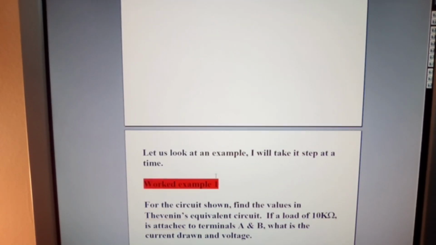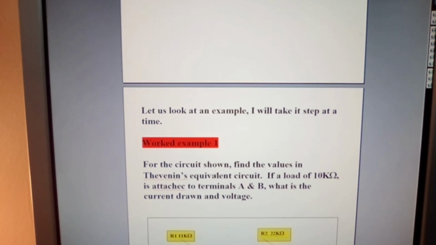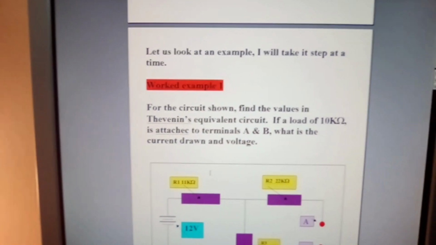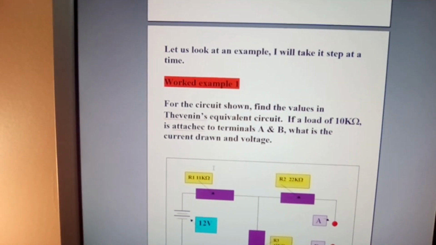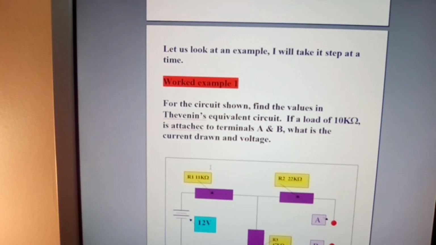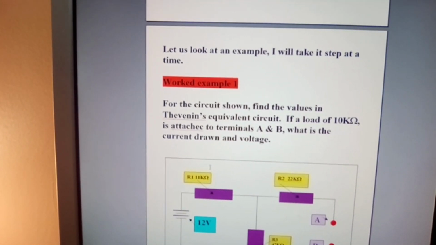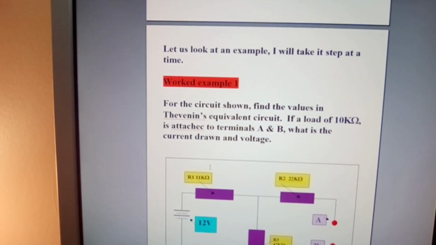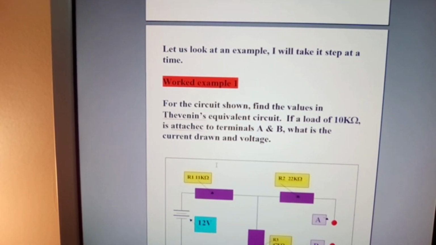Let us look at an example. I will take it a step at a time. Worked example 1. For the circuit shown, find the values in Thevenin's equivalent circuit. If a load of 10 kilo ohms is attached to terminals A and B, what is the current drawn and voltage?